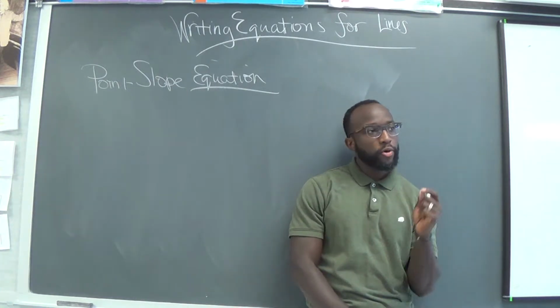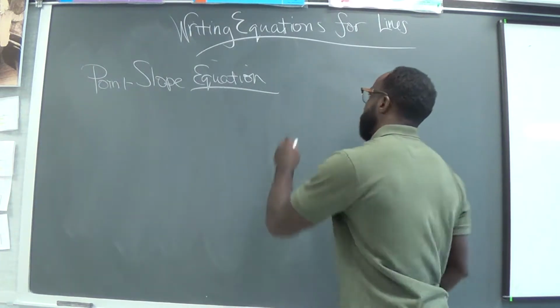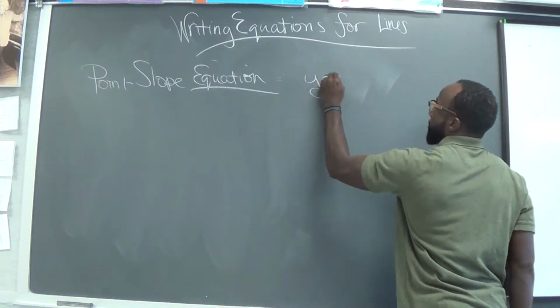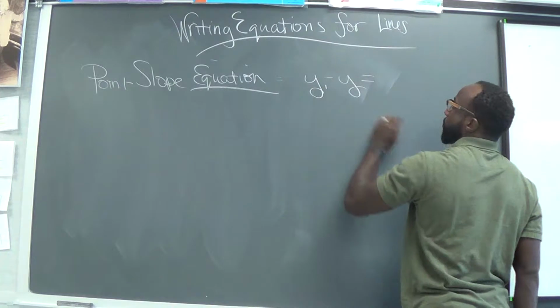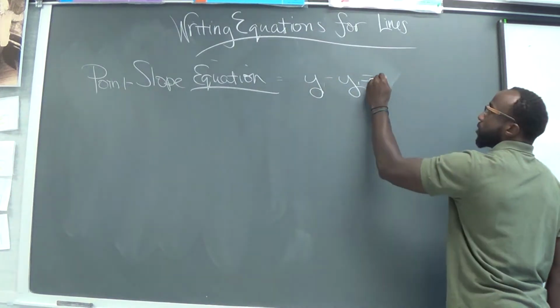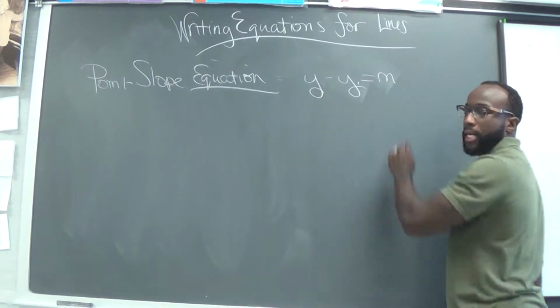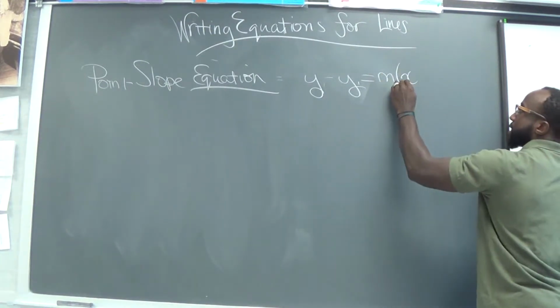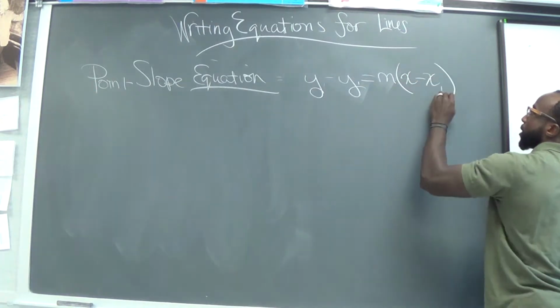All right? The point-slope equation is this: y minus y sub 1 equals m, and what does m mean? Slope. The slope times the quantity x minus x sub 1.